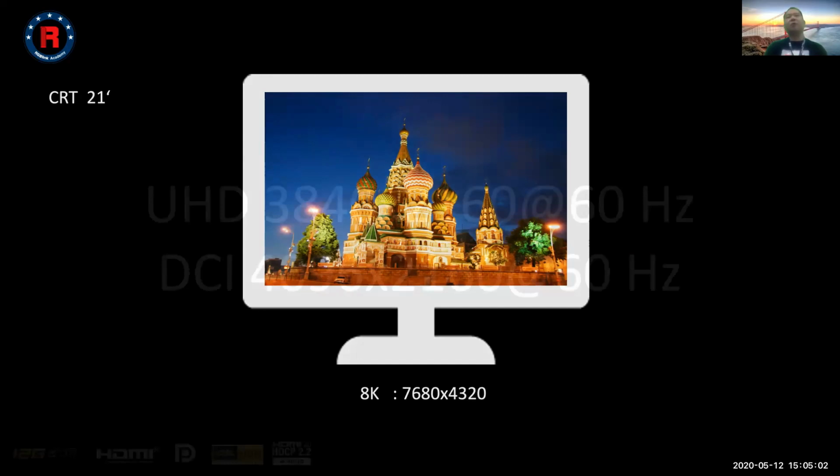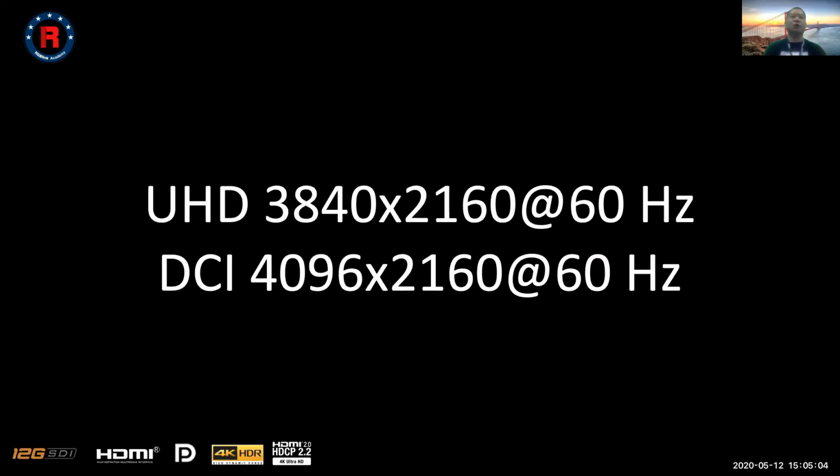Today, we will focus on the 4K version. For the 4K version we're talking about, there are two keywords. The first one is UHD, which is mostly 3840 by 2160.